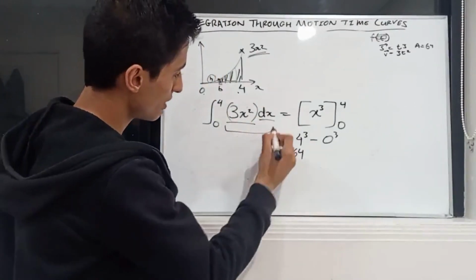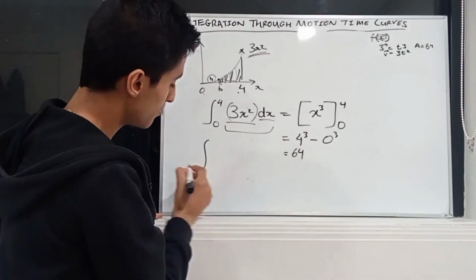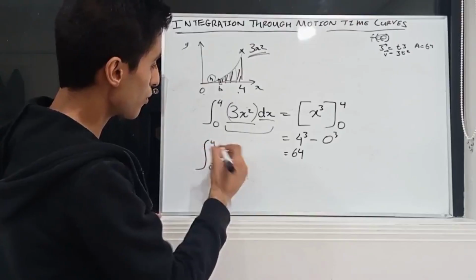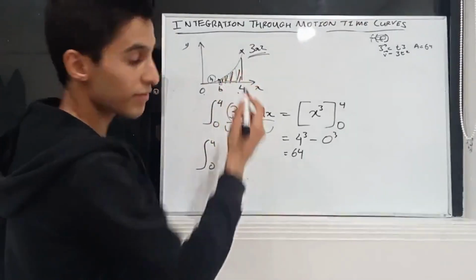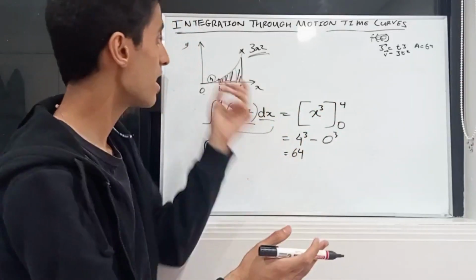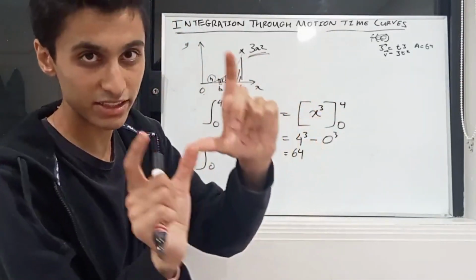Now going back to what this means. So this big curve means the sum between 0 and 4, and then area of a rectangle is given by height times base.